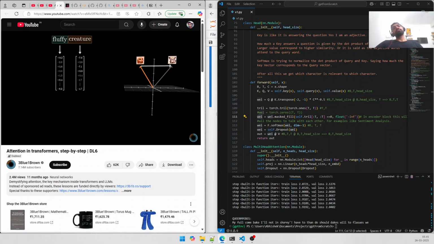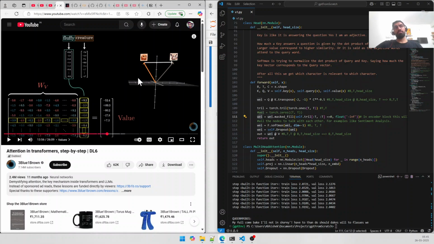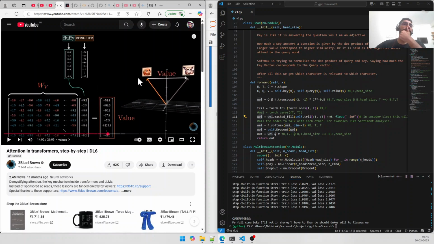This most straightforward way would be to use a third matrix, what we call the value matrix, which you multiply by the embedding of that first word, for example, fluffy. The result of this is what you would call a value vector, and this is something that you add to the embedding of the second word, in this case, something you add to the embedding of creature.